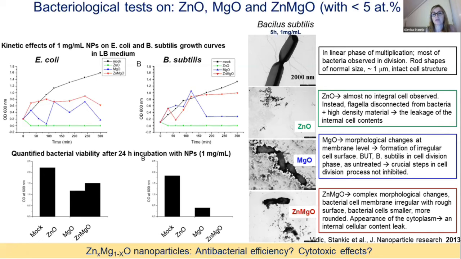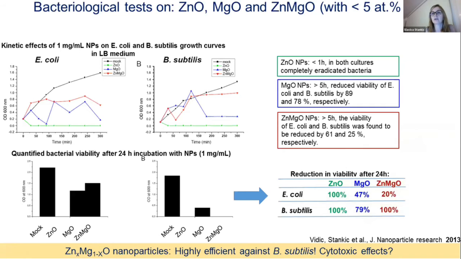What we could see is that zinc oxide nanoparticles need less than 1 hour to completely kill both types of bacteria, while magnesium oxide and the zinc-modified magnesium oxide nanoparticles need a little bit more time to start their antibacterial efficiency.